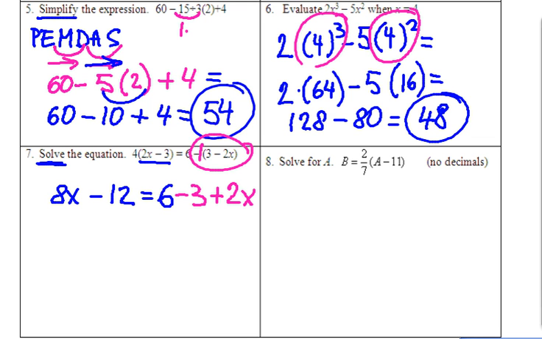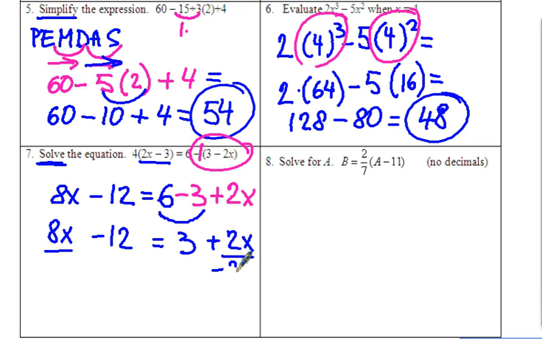Now we will be combining like terms. 6 minus 3 is 3. So that's all we have there for now. Now we will try to get all the x terms on one side, which we'll accomplish by minus 2x. I have underlined them.